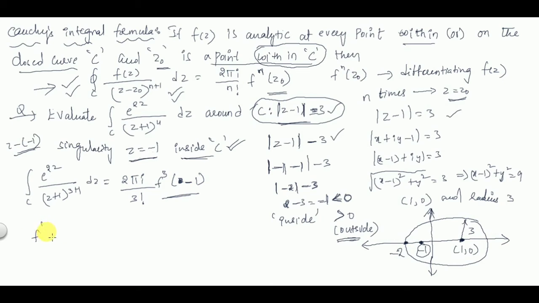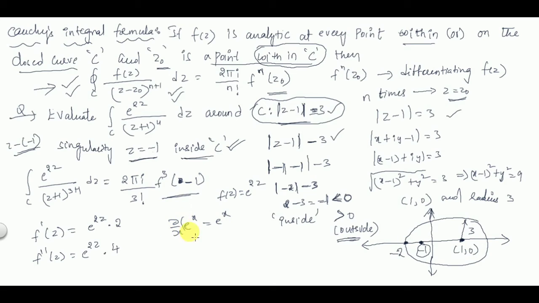So f dash of z. We have f of z is equal to e power 2z. So f dash of z is equal to e power 2z into 2. And then f double dash of z is equal to e power 2z into 4. This 2 is already there, and again you will get 2 because the differentiation of e power x is e power x only.